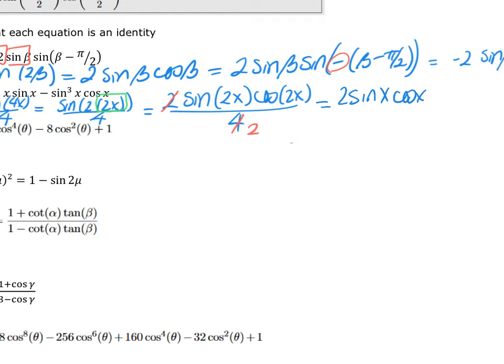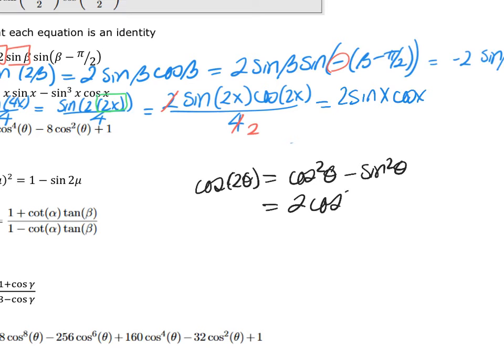All right? So now I have to use the double angle for cosine, and I have 3 choices. My first choice is the cosine of 2 theta is equal to the cosine squared theta minus the sine squared theta. That's one choice. Another choice is the 2 cosine squared theta minus 1.